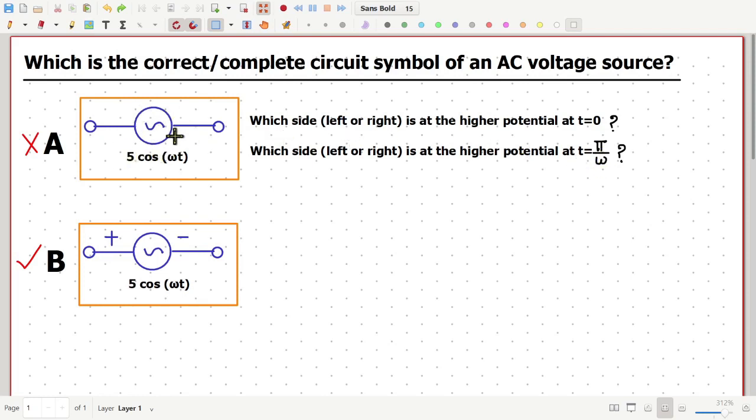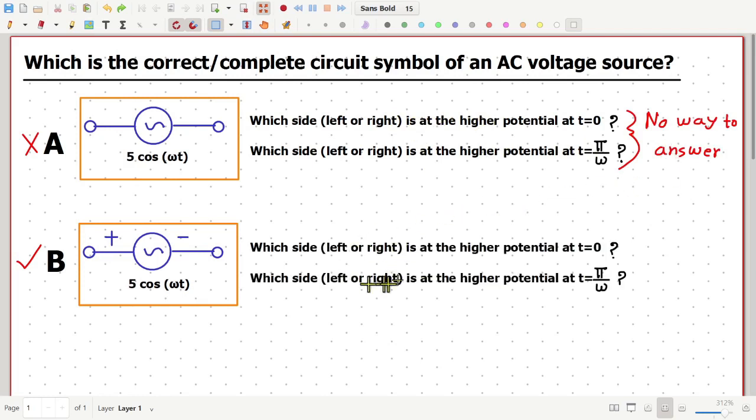For this representation, there is no way for answering these questions. However, if I ask the same questions for this second representation, then we can answer these questions.